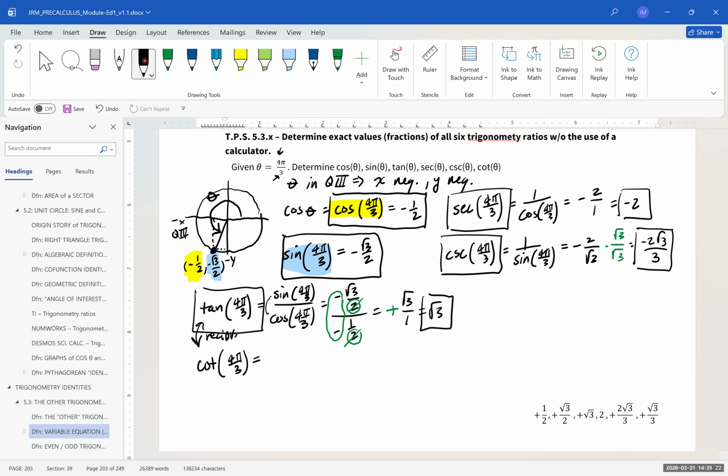Which means we flip numerator and denominator. So actually cotangent, we could write as cosine of 4 pi over 3 over sine of 4 pi over 3. That's another way of writing cotangent as a reciprocal of tangent, just by flipping the numerator and denominator.